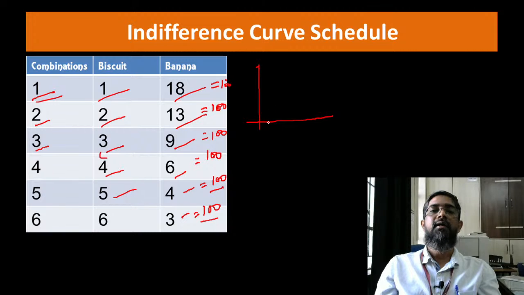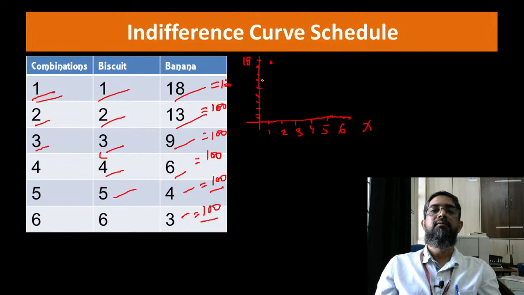Here you have the first biscuit, second one, third one, fourth, fifth and the sixth one. Here on X we are having biscuits and here we are having bananas, right, like this. So 18 bananas and 1 biscuit is here.